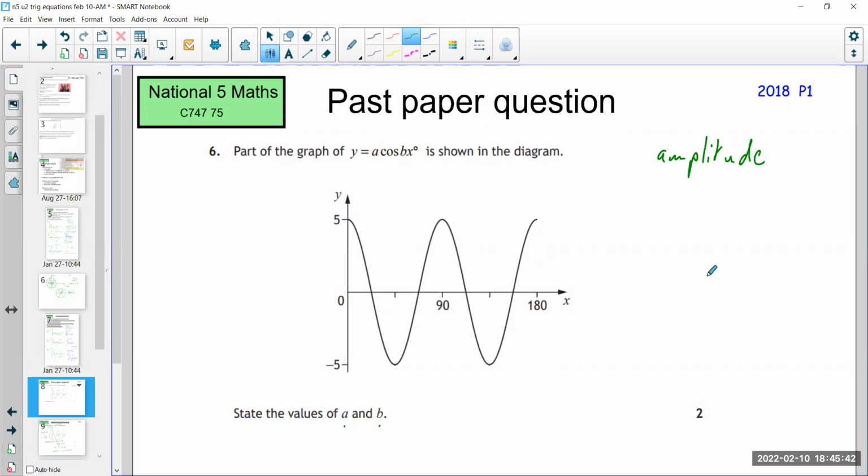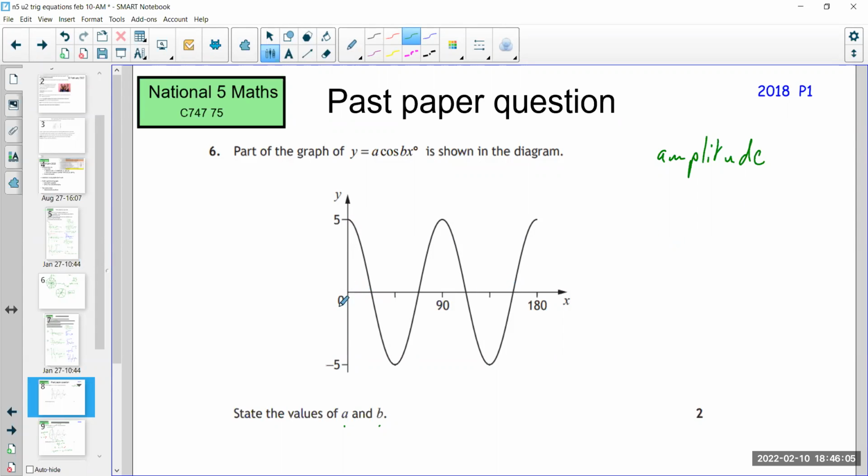To find the amplitude, you look at how tall your graph is. It goes from 5 to -5, so that is 10 units, and you just halve it. So 10 units divided by 2, that's your amplitude.